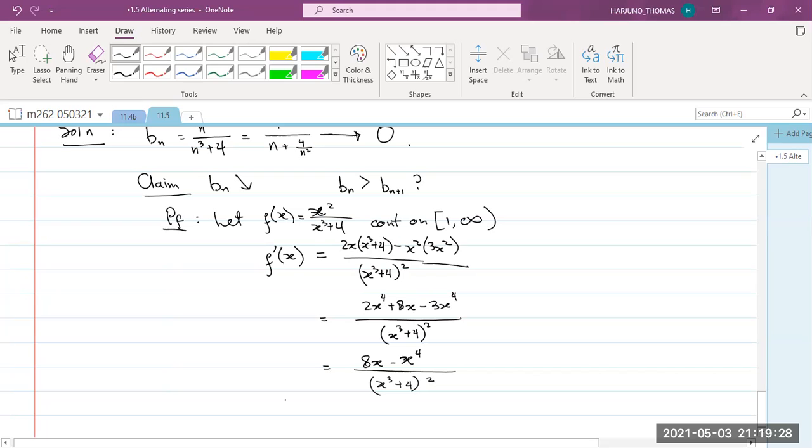Now f prime of x will be negative when 8x minus x to the 4th is less than 0. Is it right?